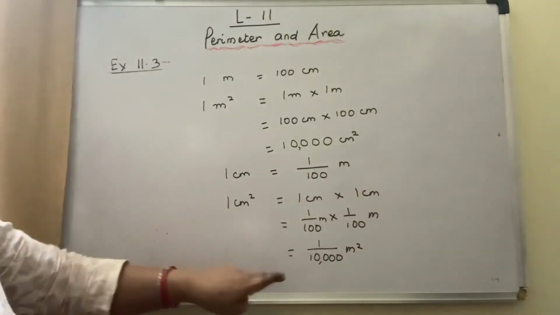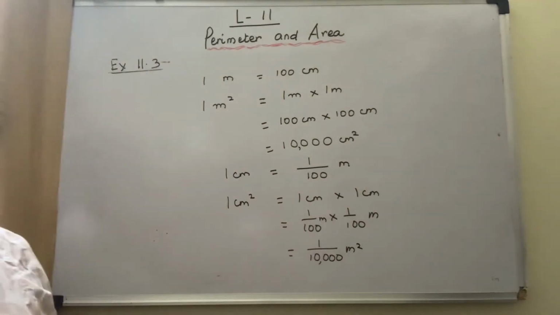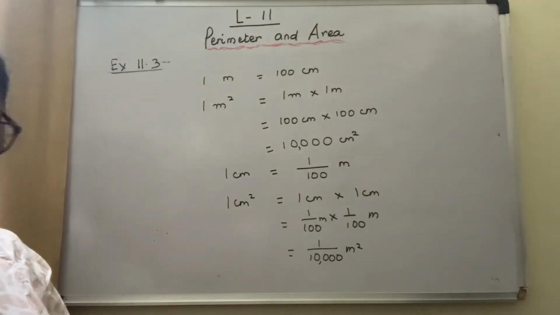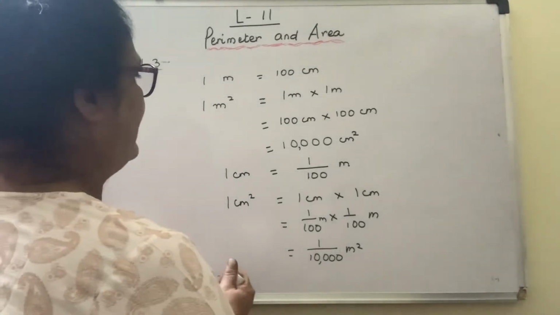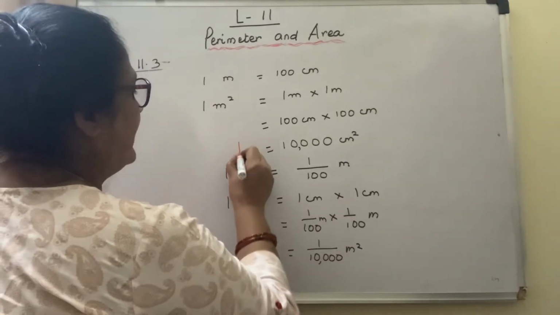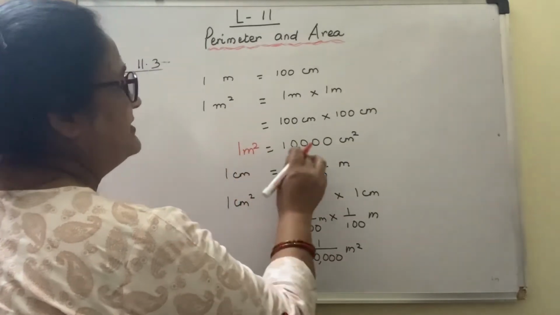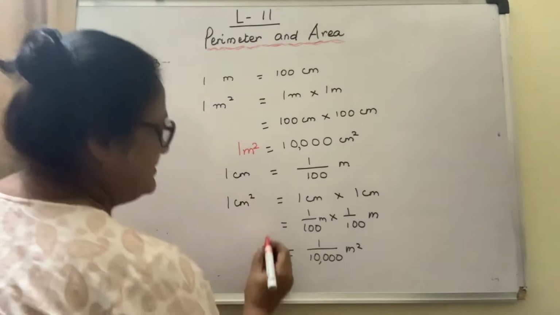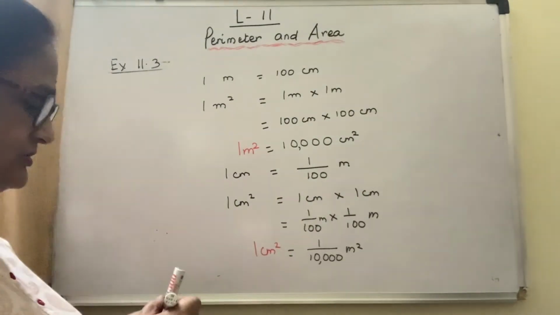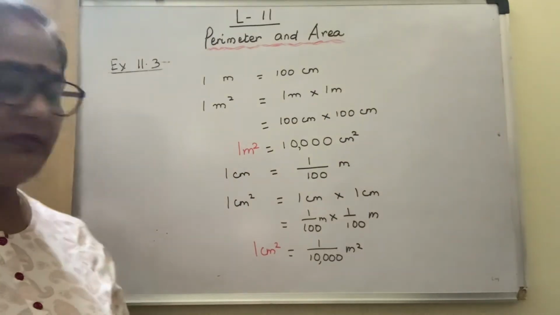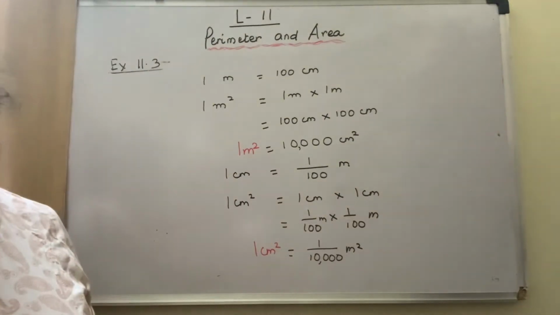Now you need to remember that 1 meter square is equal to 10,000 centimeter square, or 1 centimeter square is equal to 1 upon 10,000 meter square.